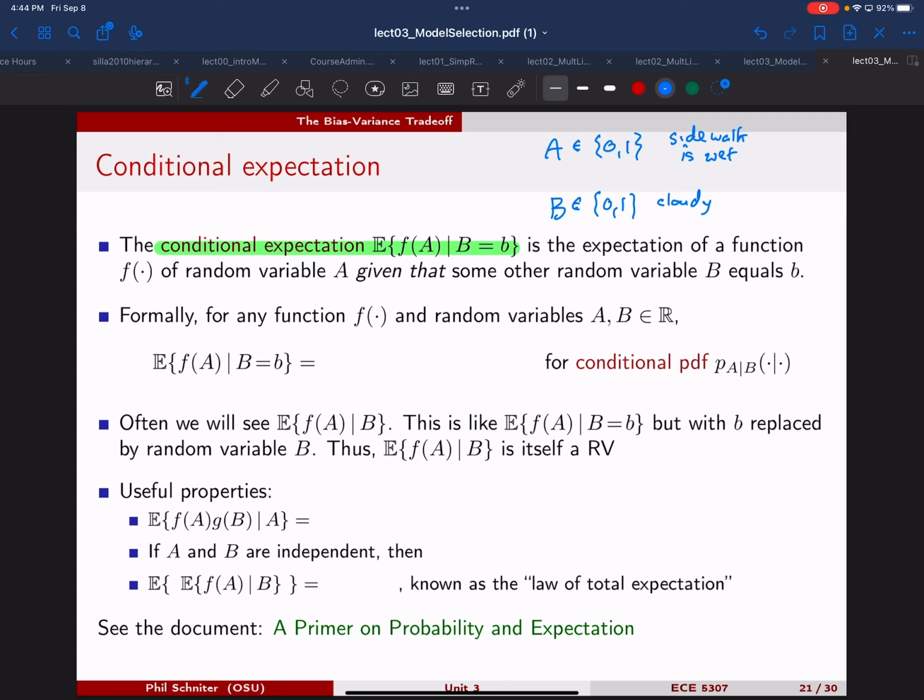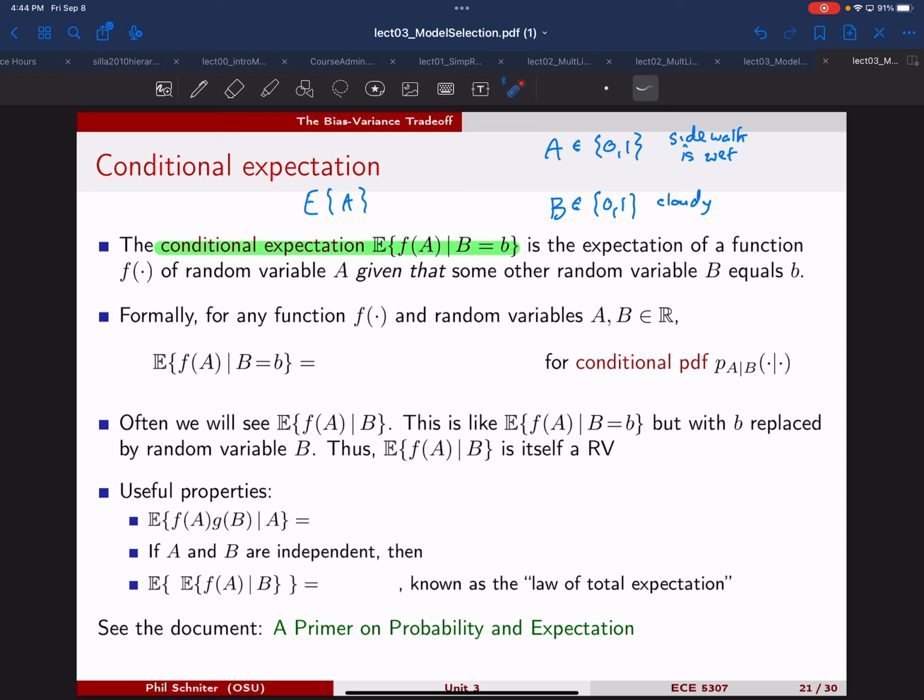On the previous page, we talked about things like the expected value of A, which in this case would be the probability that the sidewalk is wet. How often is the sidewalk wet? In Columbus, maybe the sidewalk is wet 10% of the time. Now, if I ask how often is the sidewalk wet given that it's cloudy outside? Now things have changed, right?